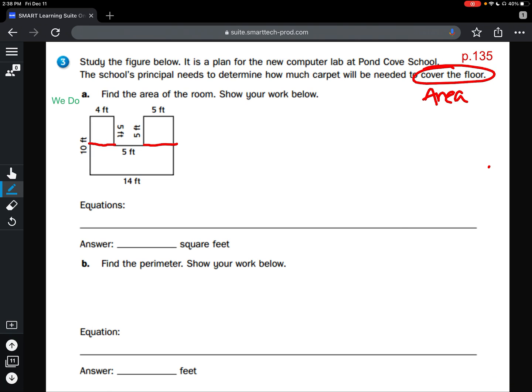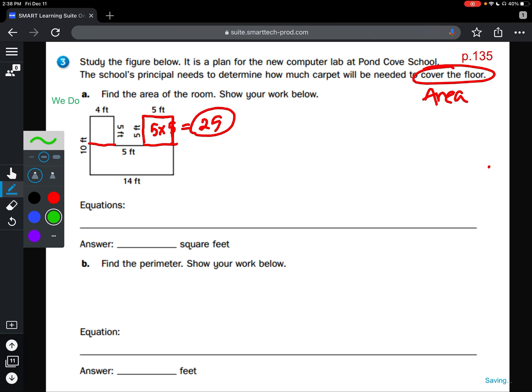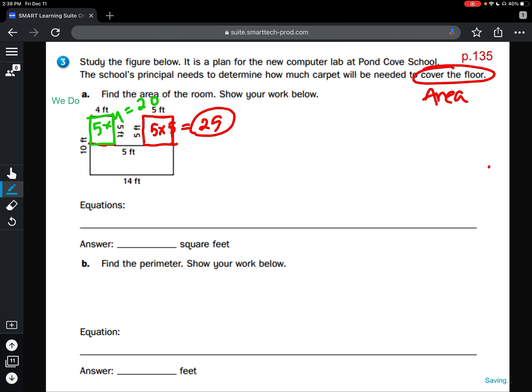In my box right here, I know my length and my width are 5 and 5. So 5 times 5 gives me 25. What about the green box? What equation would go inside of there? I hope that you said 5 times 4 equals 20.